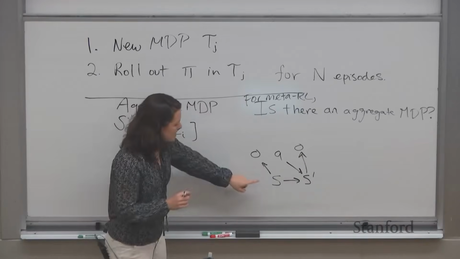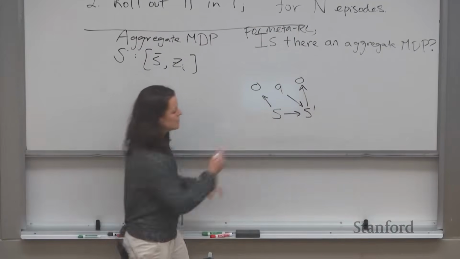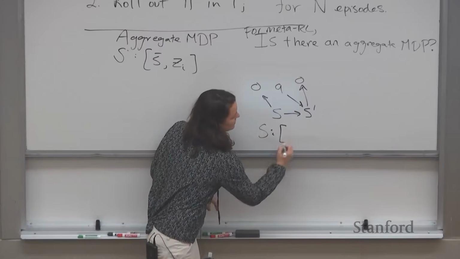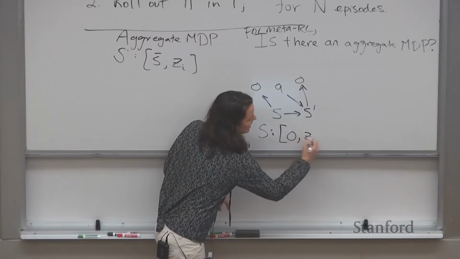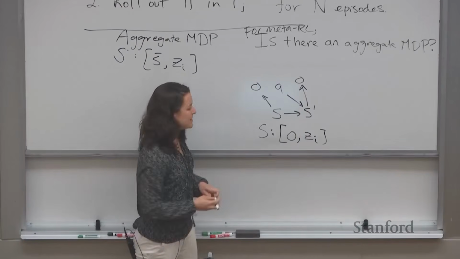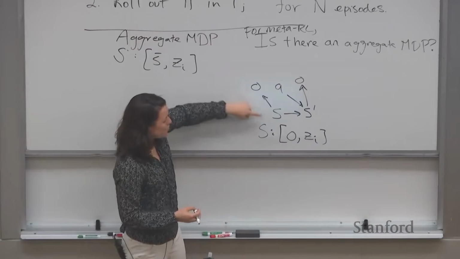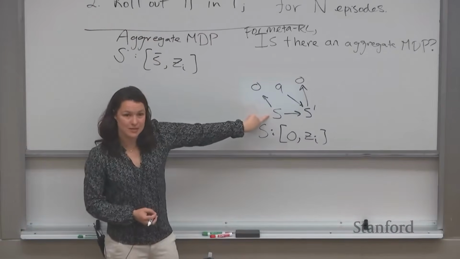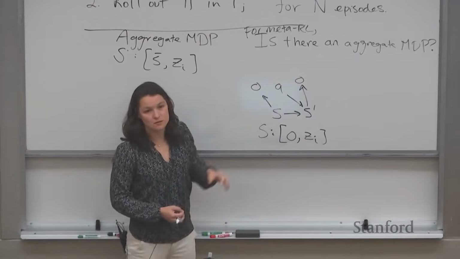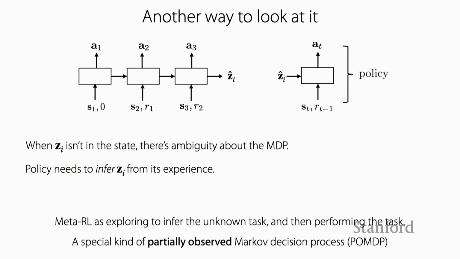And so it's basically a POMDP where this hidden state space can be defined as the observation and the task identifier. And if you can infer the task identifier from experience, then you can essentially view it as a way of trying to infer the underlying state space as a way to solve the POMDP. So this is basically another way of looking at the meta-RL problem. It's basically like a partially observed Markov decision process.